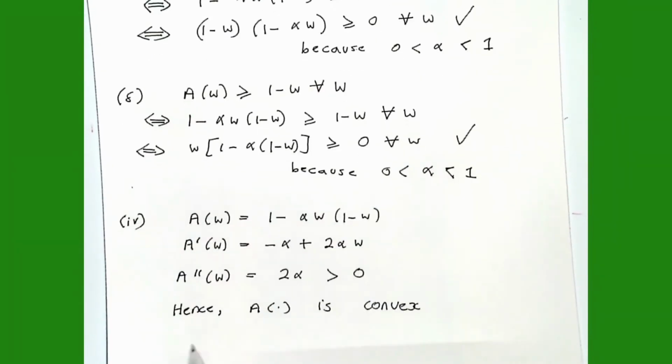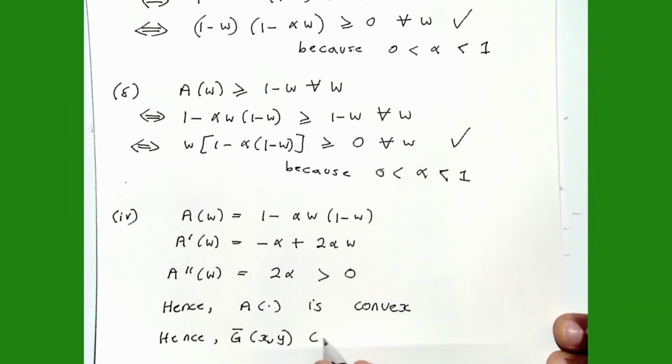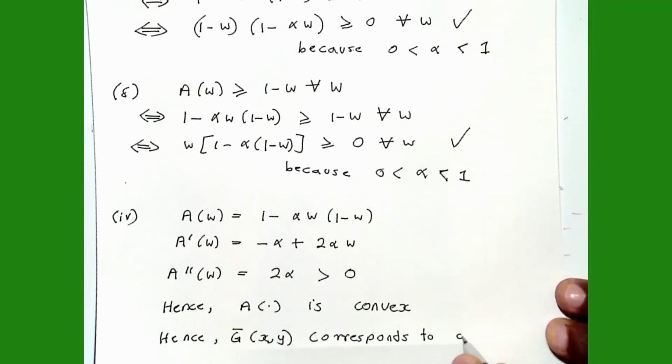All right, hence G bar corresponds to a bivariate extreme value distribution.